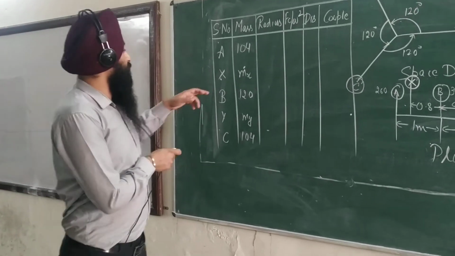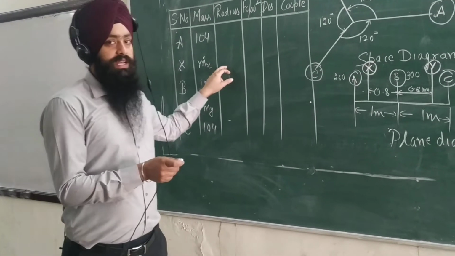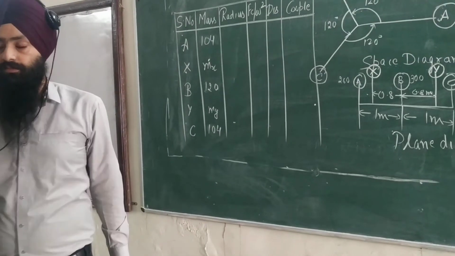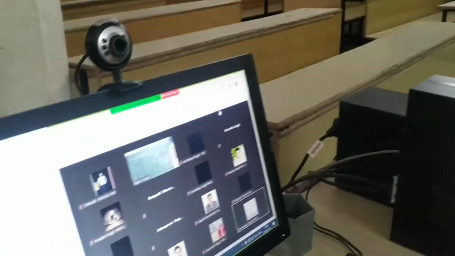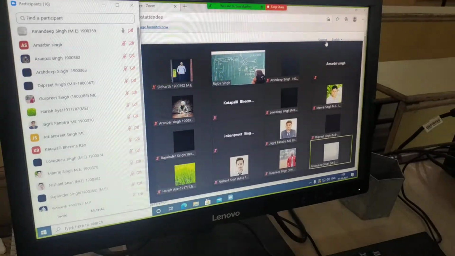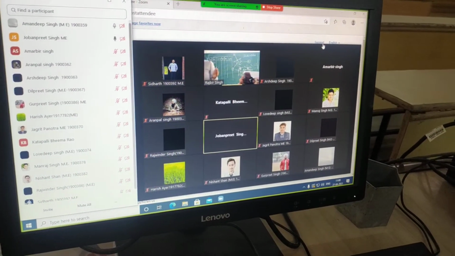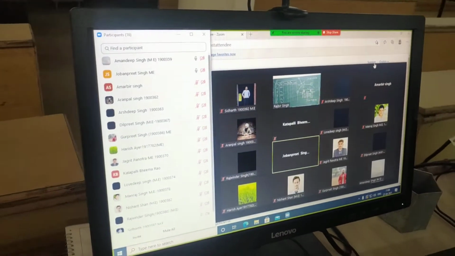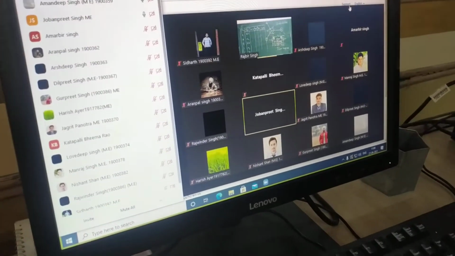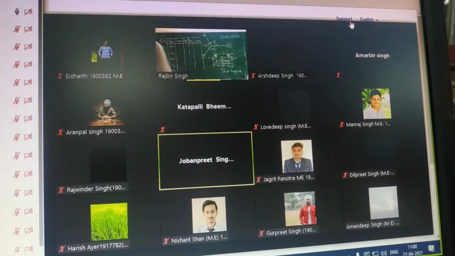Then what will be the radius of rotation of the balancing mass? It is 0.6. And what is the radius of rotation of the remaining masses?